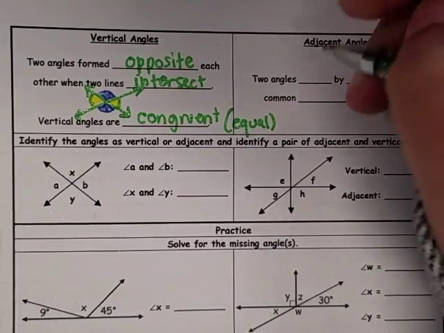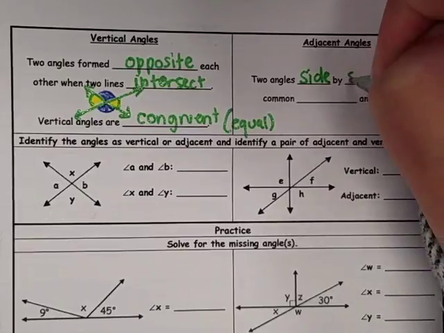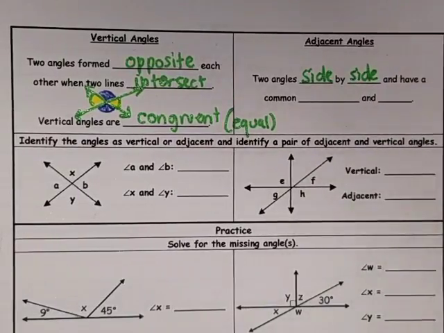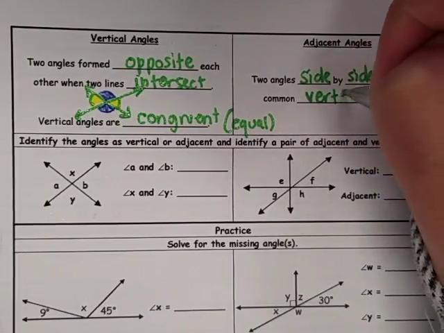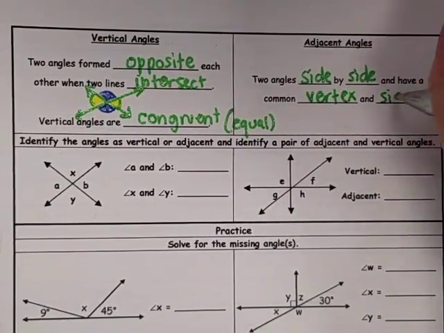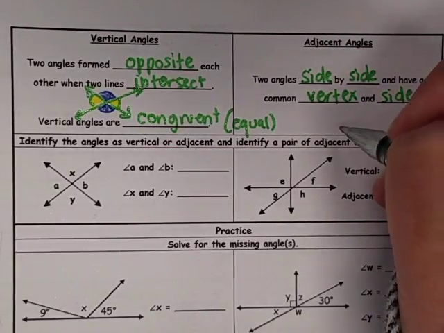Okay. Then we have adjacent angles. And adjacent angles are two angles that are side by side and have a common vertex and side. So this is what I mean by adjacent angles.